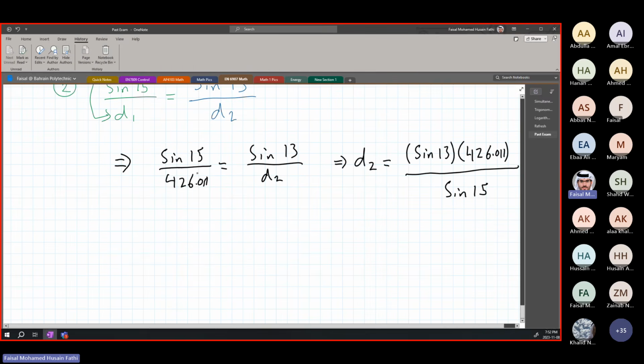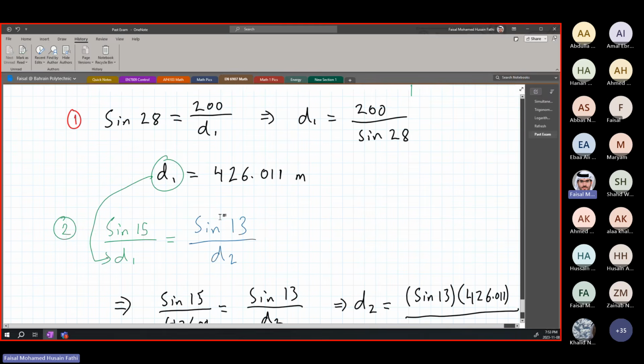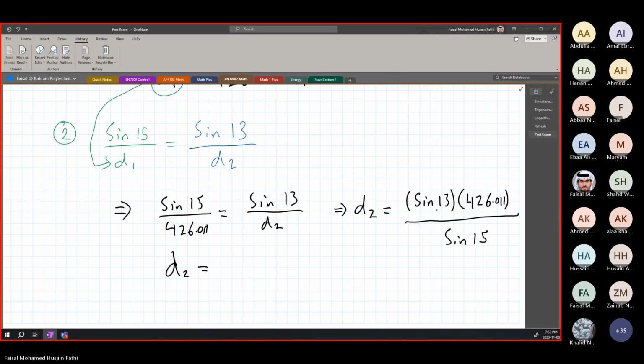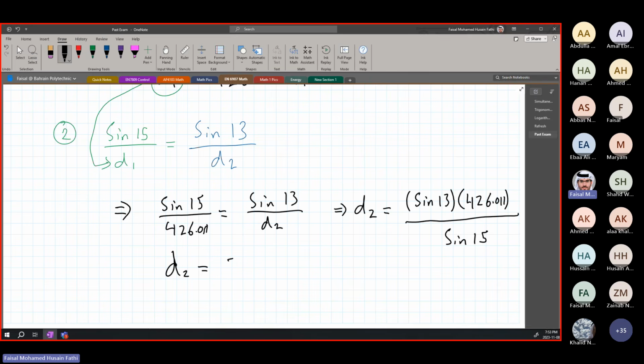So, the calculation quickly: sine 13 times 426.011 divided by sine of 15, D2 is equal to 370.265.